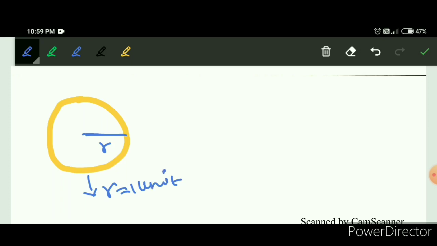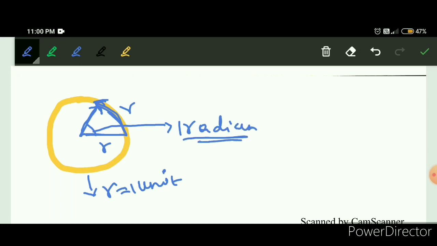Then I draw this r on the circle as an arc, and I connect the other end of the arc. So I get 1 radian. We already know how we get a radian.